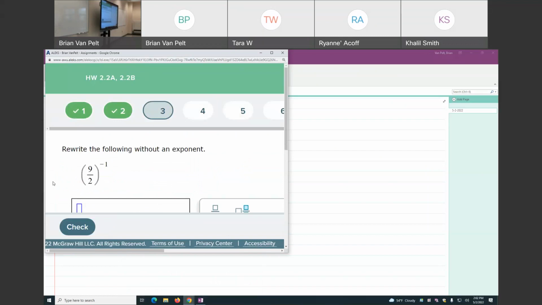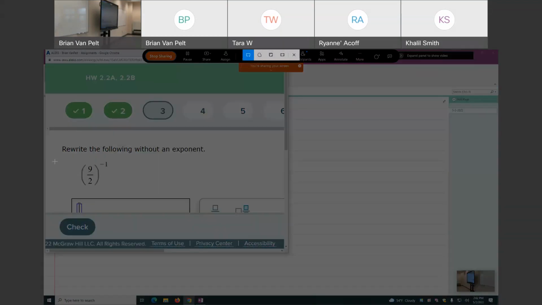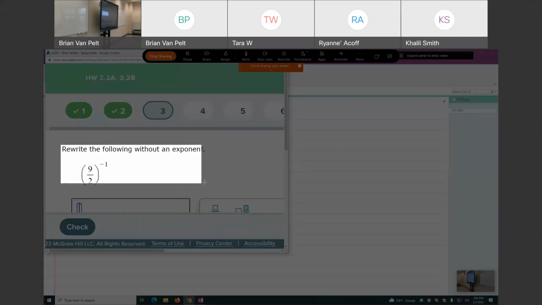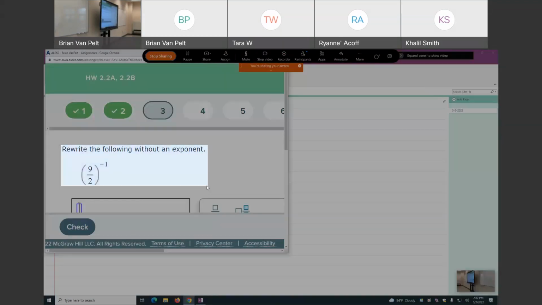Right. Remember, a lot of the practice in this section involved making it so it had no negative exponent. What could you do with this one, if it would like you to rewrite it without an exponent? What would you do to it with that -1 up there? Turn it into 2/9. Do you understand? So when you do that, it'll be 2/9 raised to the 1 power then.